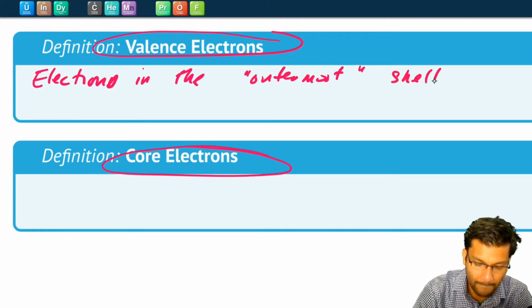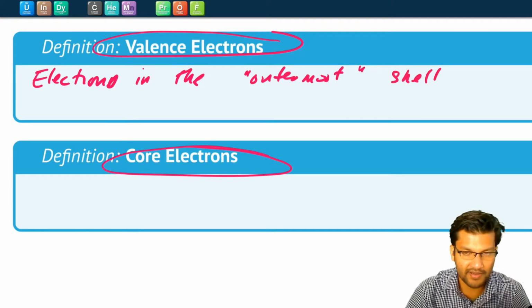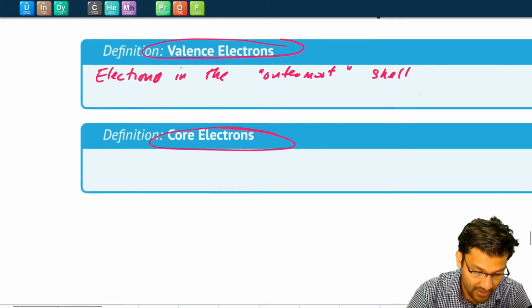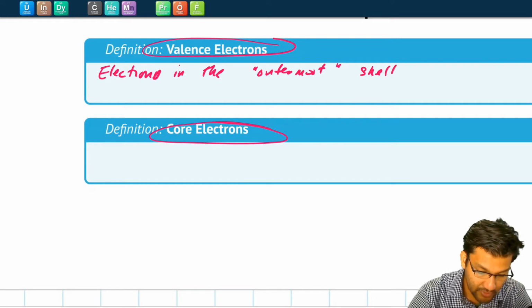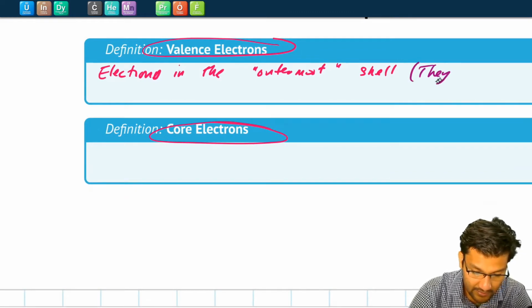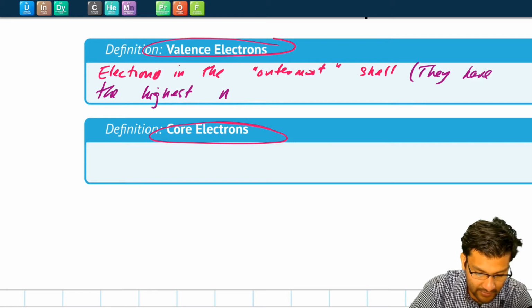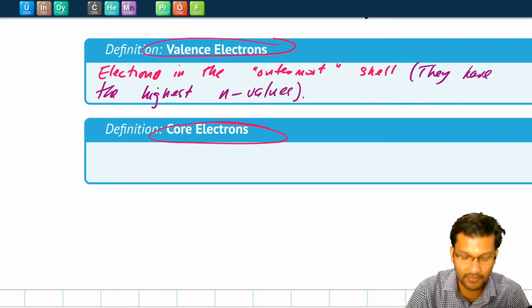We use the word outermost because they're actually furthest away from the nucleus of the atom. Electrons in the outermost shell basically have the highest n values. Outermost shell just means highest n values.